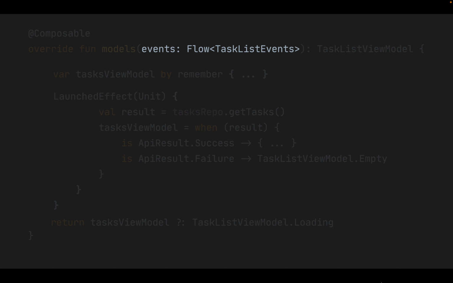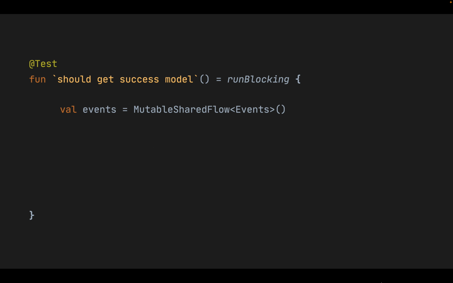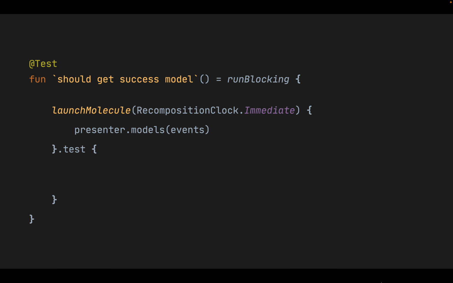The other thing to note here is that your models method may want to handle some events, like for example completing a task or creating a task. And how do you go about testing these events? You could do that by creating a shared flow of events and passing that into your models method.